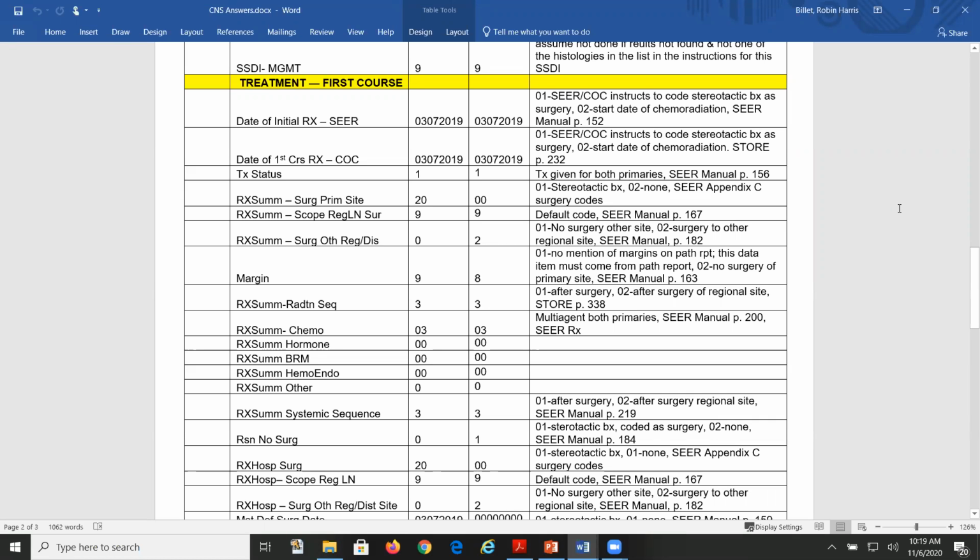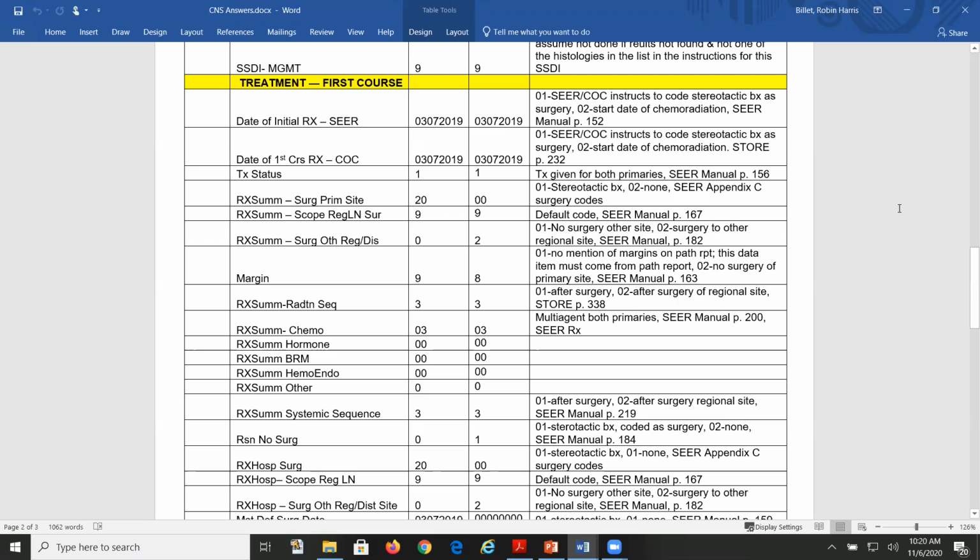Now you might wonder, why am I coding the date of first course treatment for sequence 2 as 3/7/19 since we did not have a stereotactic biopsy of that primary site?